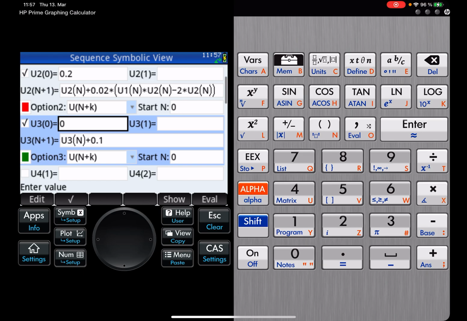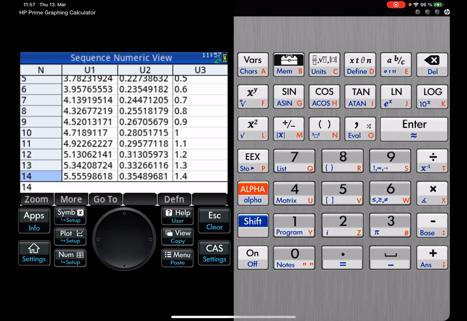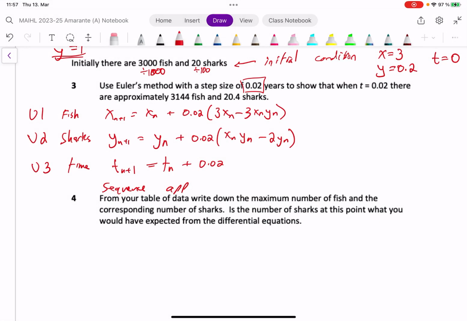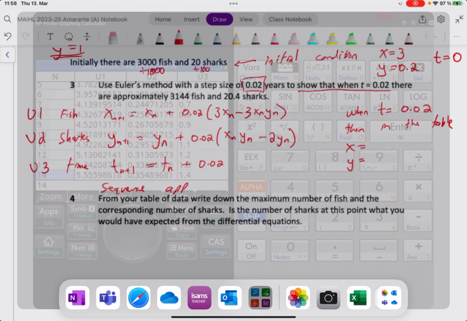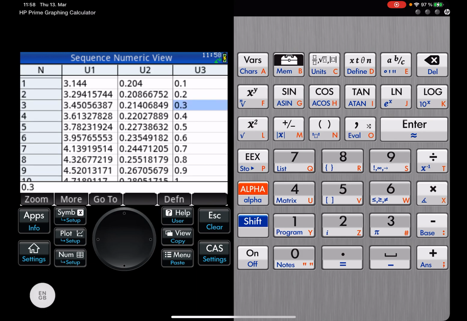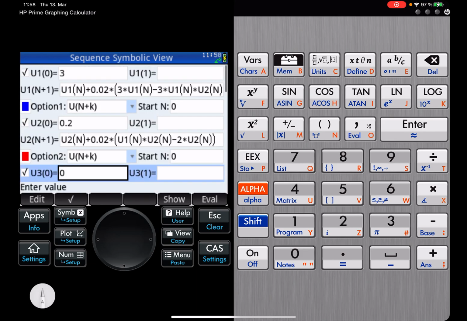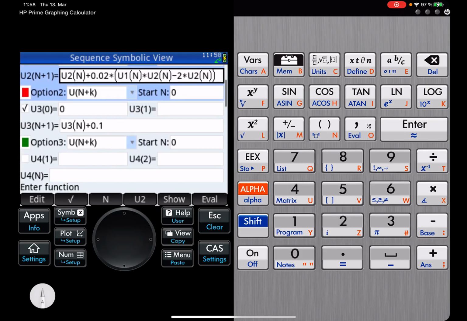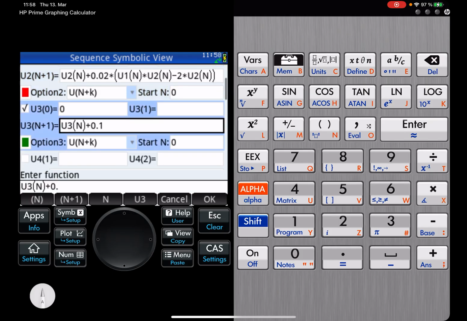So then I want to go look at the table. And it tells me, if I look at what it asks for, it says show that when t equals 0.2, there are approximately this and this. So when t equals 0.02, then in the table, x equals something and y equals something. So in this case, x, when this is 0.02, oh, I see my mistake. My last equation was not correct because I didn't make the step size right, 0.02.